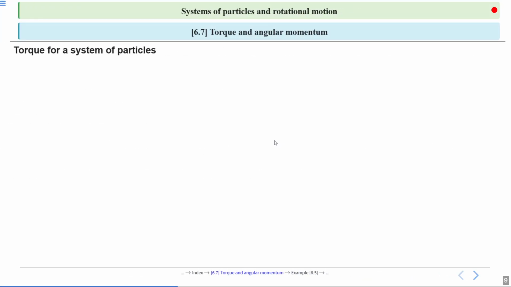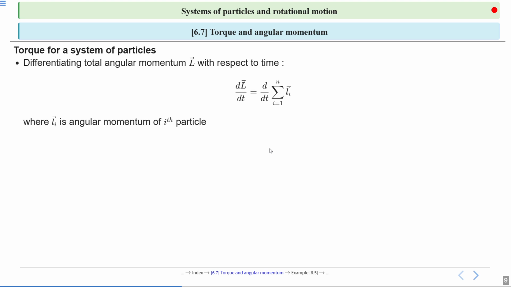Torque for a system of particles. Using the total angular momentum L, here we will calculate the torque for a system of particles. We know L is the total angular momentum, so differentiate it with respect to time.